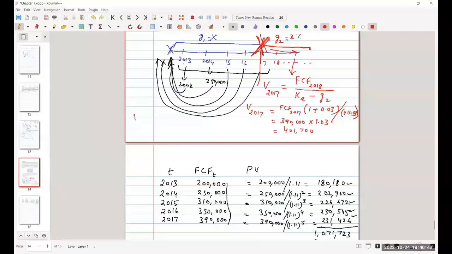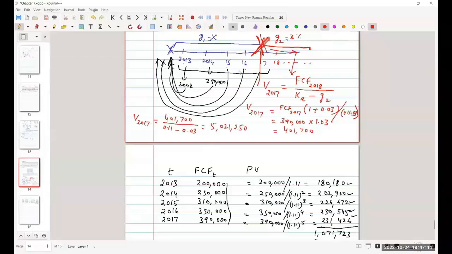So then value in year 2017 is equal to 401,700 divided by 0.11 minus 0.03, which would give you 5,021,250. This will be the value.